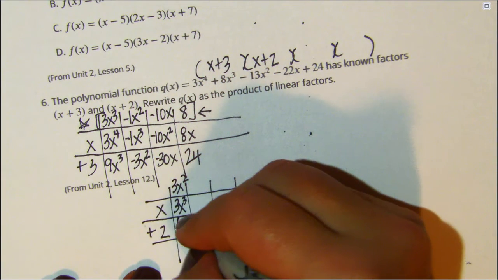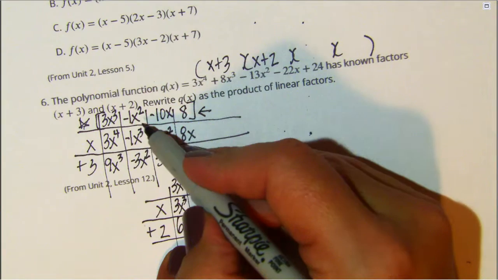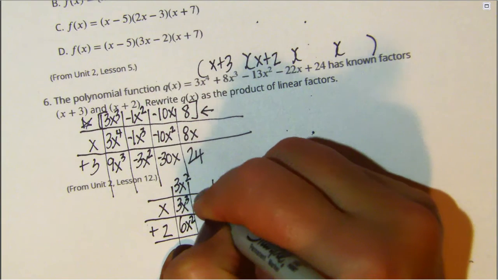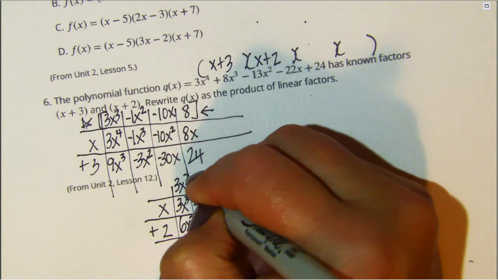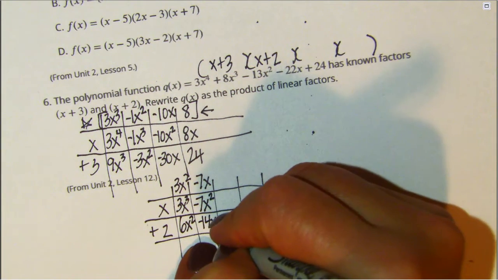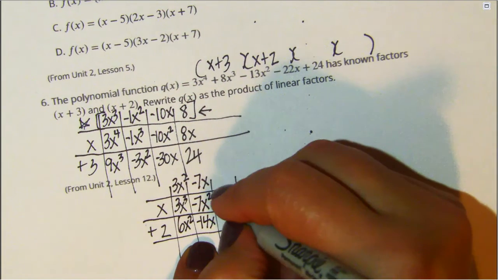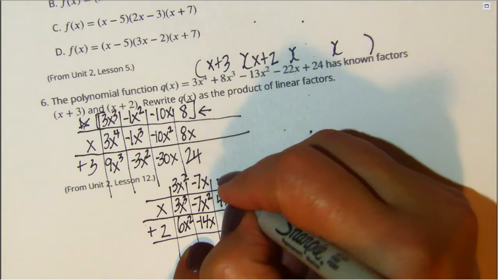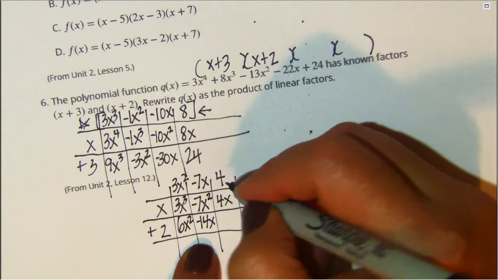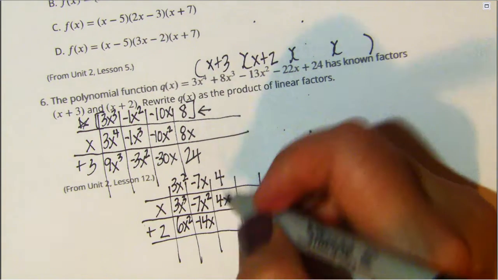That'd be 6x squared. I need my x squareds to make -1. So this would be -7x squared, -7x, -14x. I need my x's to make -10. So I need +4, 4, and let's see, 4 times 2 makes 8.